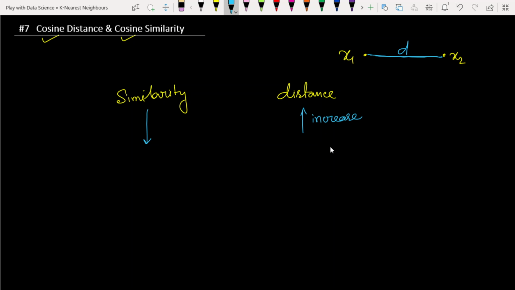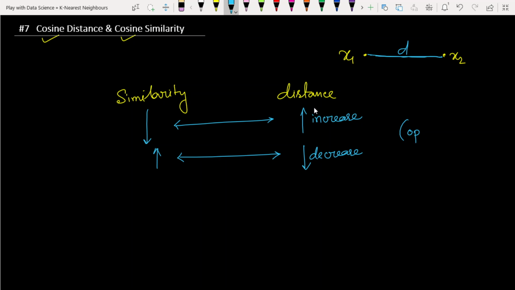If we decrease the distance, if we move x2 closer and closer to x1, this means we increase the similarity between them. Both are the same thing from two different points of view.